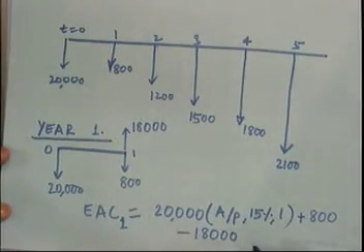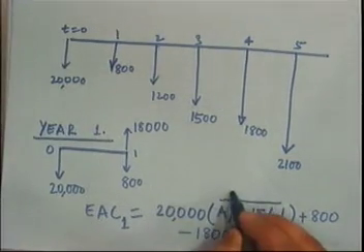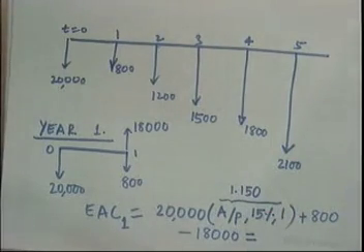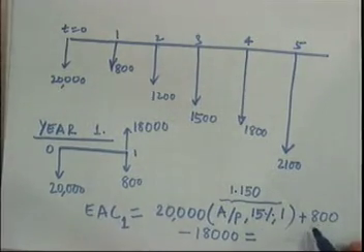How much is this? This value is coming to be 1.15. So, this would become 23,000 plus 800, 23,800 minus 18,000.